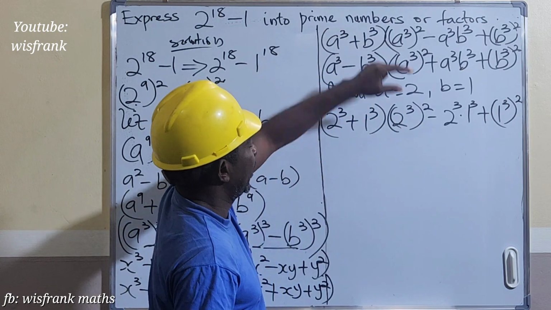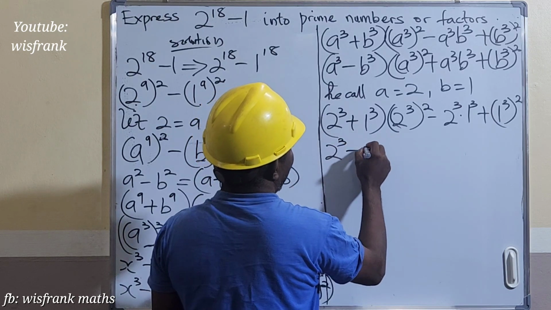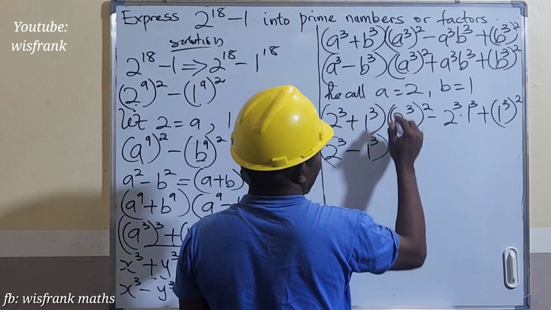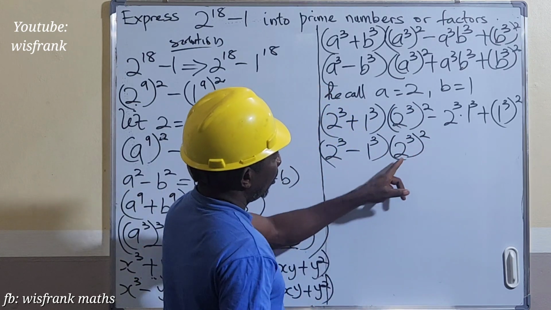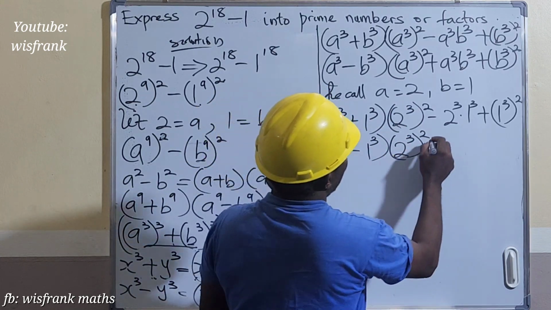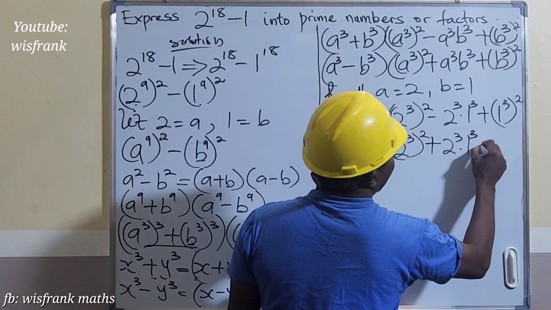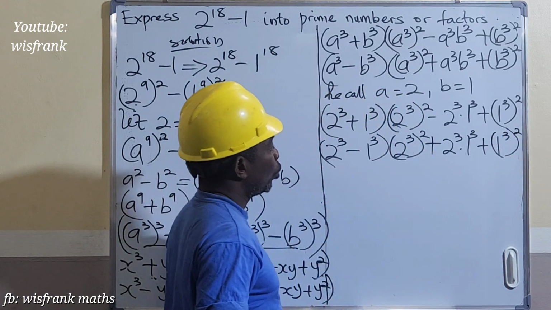Then the second line, we have 2 to the power of 3 minus 1 to the power of 3, then into 2 to the power of 3 to the power of 2 plus 2 to the power of 3 times 1 to the power of 3 plus 1 to the power of 3 all to the power of 2.